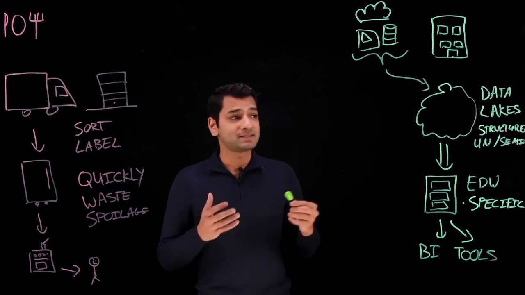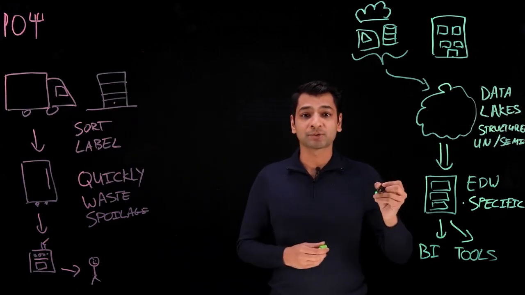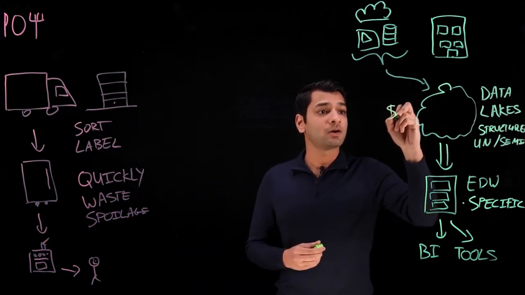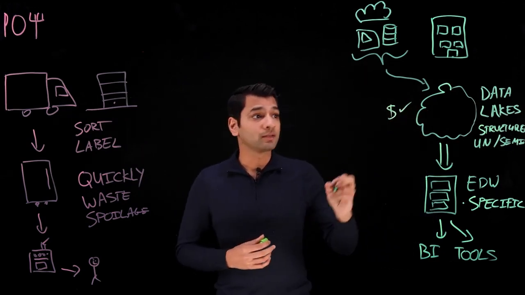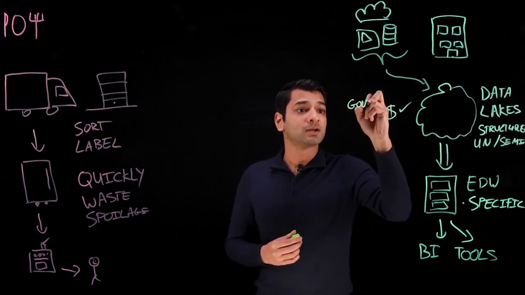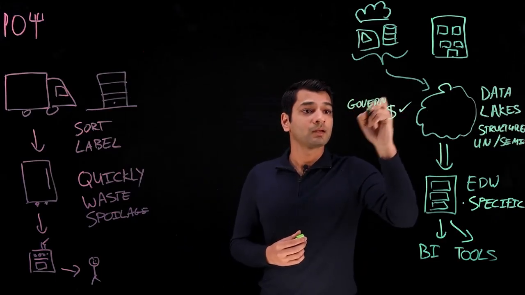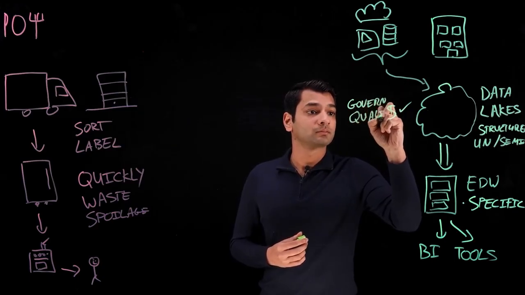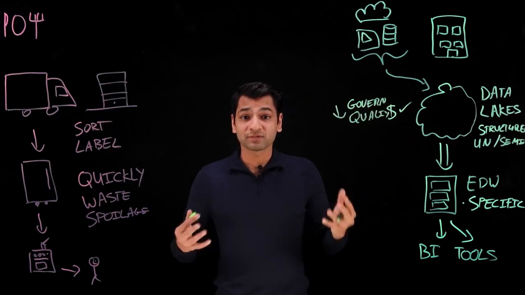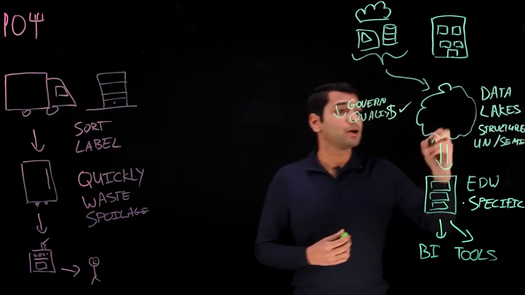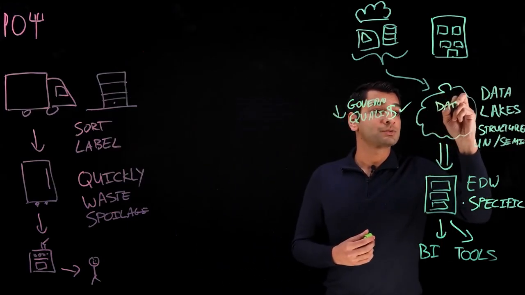Well, as we said, data lakes are really awesome to capture tons of data in a cost-effective way, but we run into challenges with data governance and data quality, right? And a lot of times, these data lakes can become data swamps.